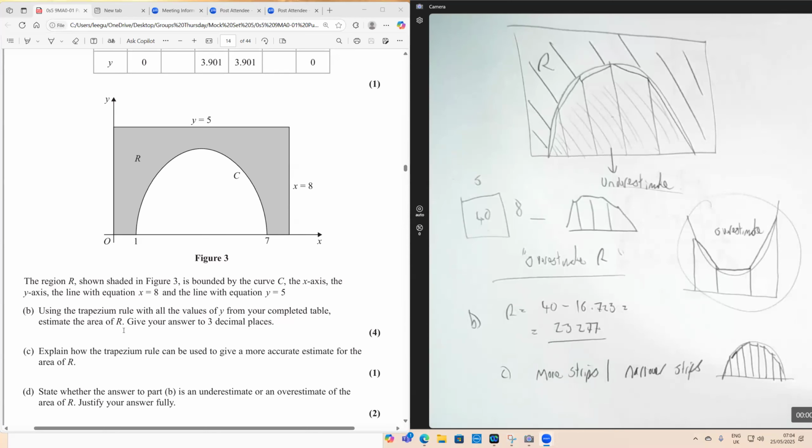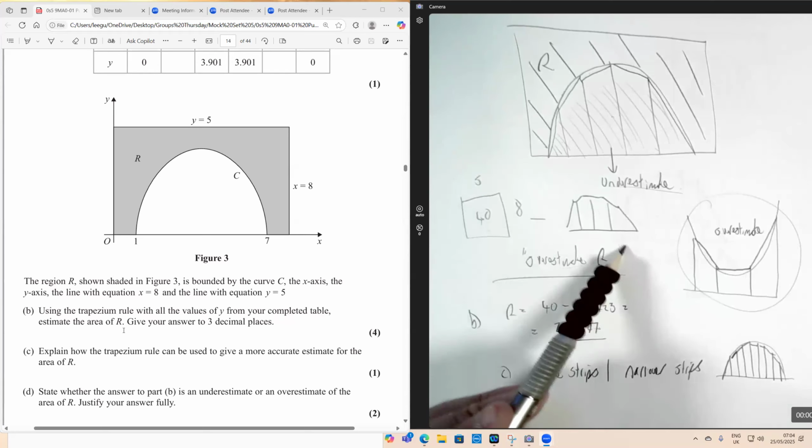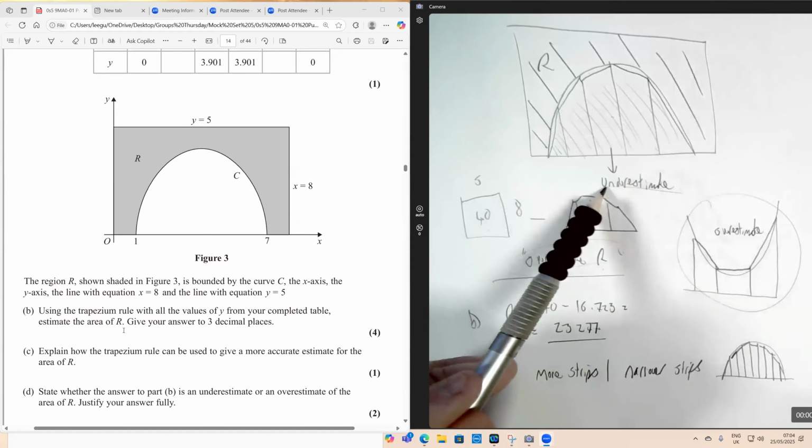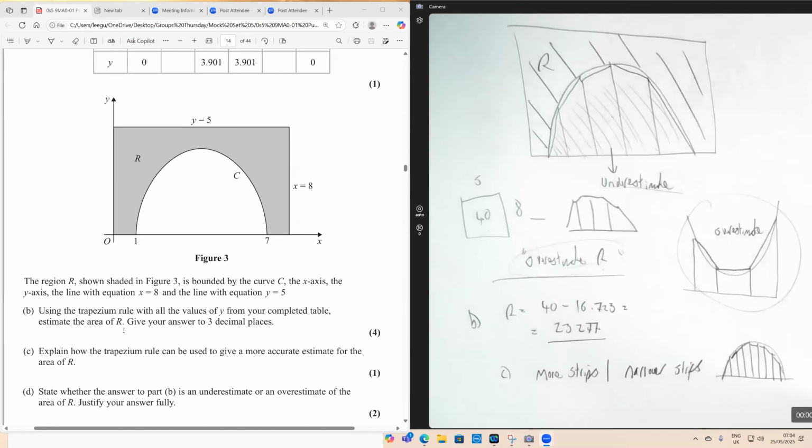And then finally, state whether the answer in part B is an underestimate or an overestimate for the area of R. Justify your answer fully, and they're giving 2 marks for this. This is the discussion that I had earlier. We're going to say that we've got, in fact, an overestimate for R, even though the trapezium rule has given us an underestimate for the area under the curve.